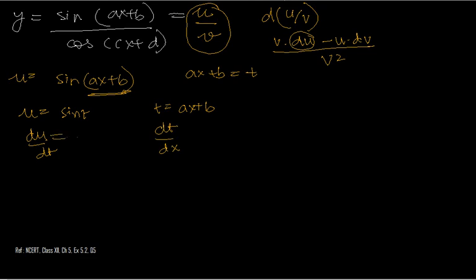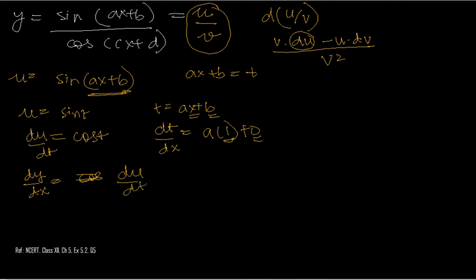So derivative of sine of t is cos of t. And dt by dx is equal to a into 1 plus 0, because the derivative of x is 1 and the derivative of a constant is 0.